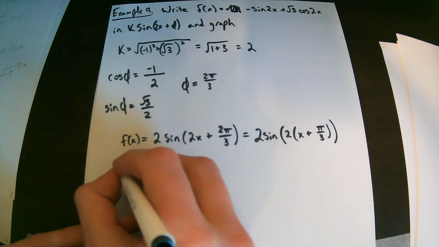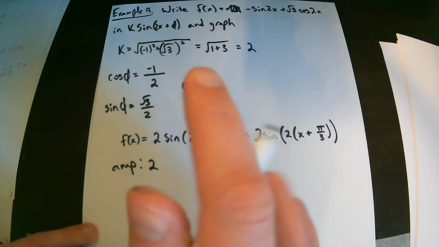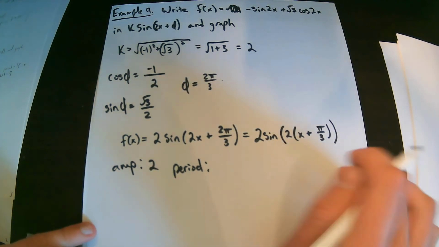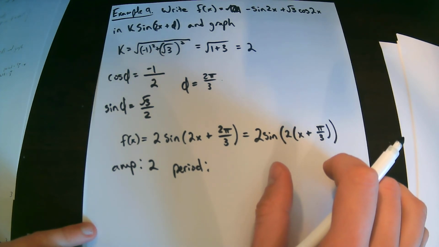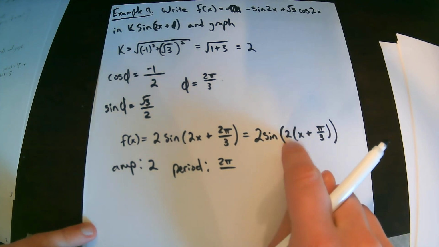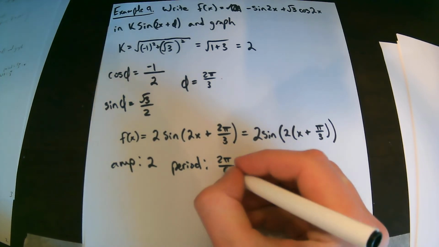So what I've got here is an amplitude of 2 because of that 2. I've got a period of 2 pi over this number, which I think is called b if you look back at graphing trig functions, 2 pi over b or whatever they called it.